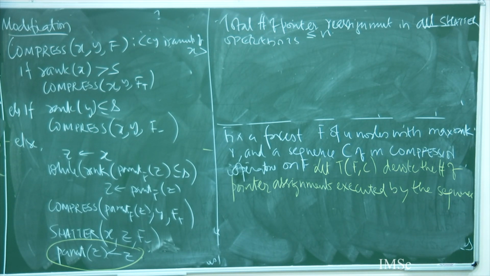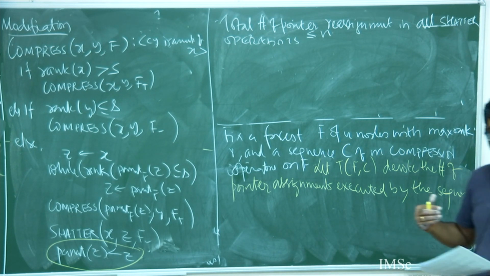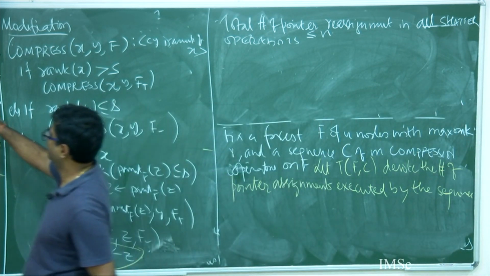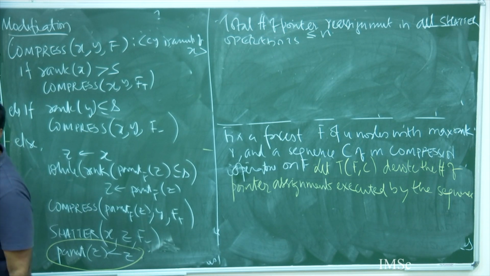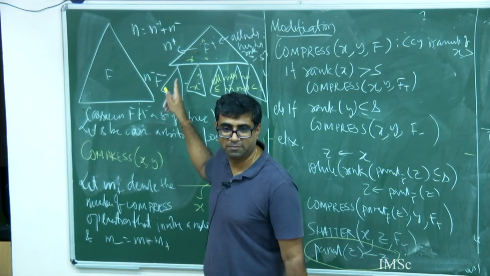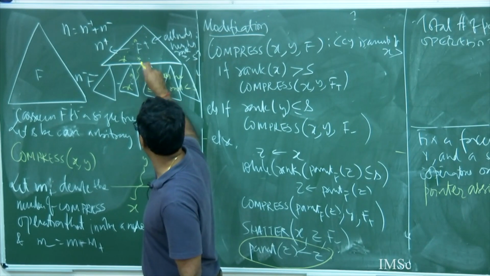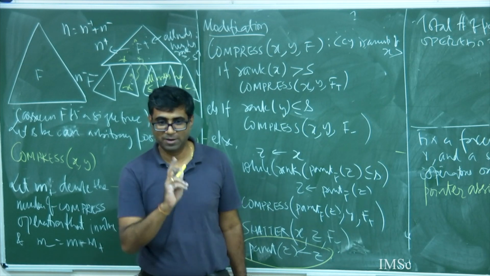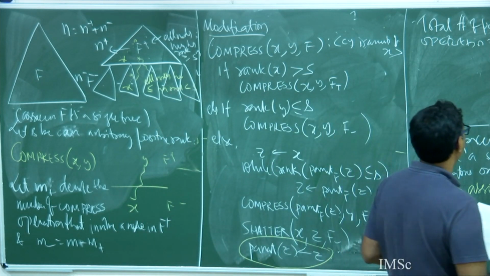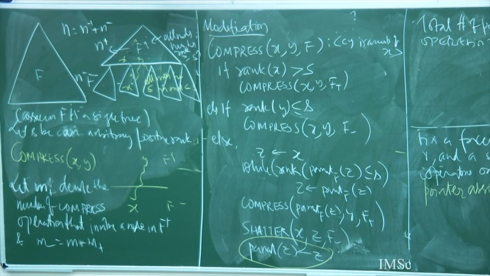But why? It means I have to map all these operations to m plus objects, like somehow give an injective mapping. But I cannot give an injective mapping to the same guy because there could be some path like this, some path like this. So we have to be careful. This is the point. Otherwise it is trivial, right? So there is something.